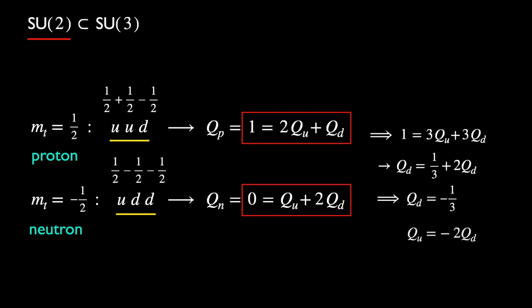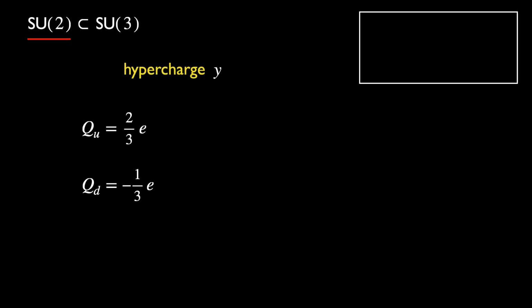And using the earlier relation between Qu and Qd, we have With these, let's calculate the hypercharge of the quarks using the charge formula for the isospin multiplets.